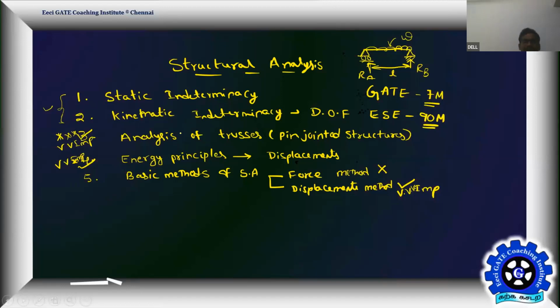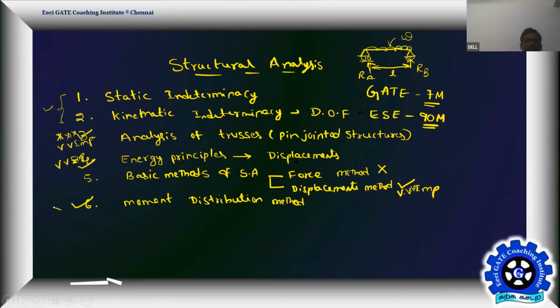That's why I'll take one chapter separately, called the moment distribution method. It is very, very important for the examination. If you look at previous questions in GATE, ESE, most of the questions are based on the moment distribution method. It's a very, very important topic among all.